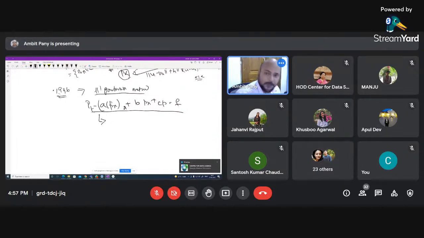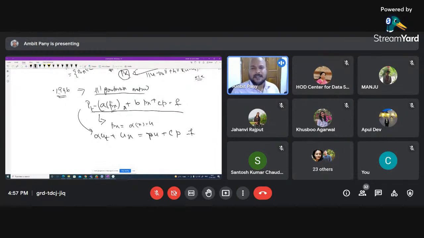He took Px equal to alpha x u, so he replaced the derivative by u, alpha x u, and then this equation can be transferred to ut alpha of ut plus ux equal to beta u plus Cp minus F.